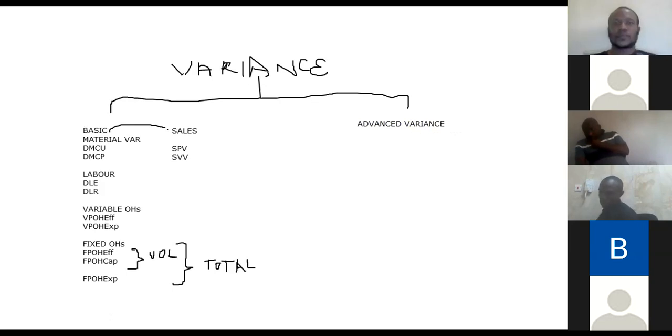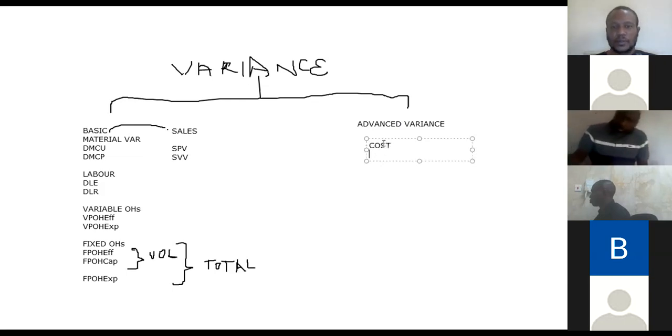So our advanced variances now. We're going to look at a number of things. For cost, we'll have material mix and yield. That's where it starts getting interesting.